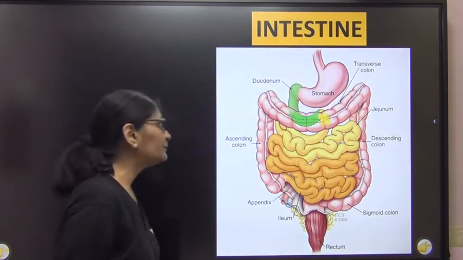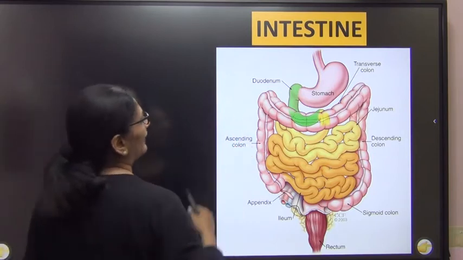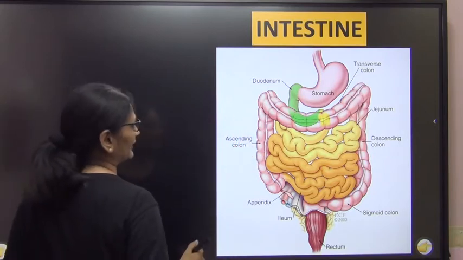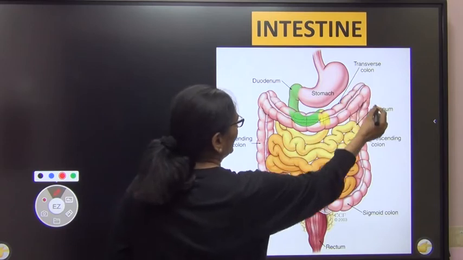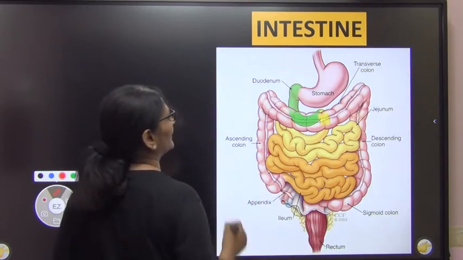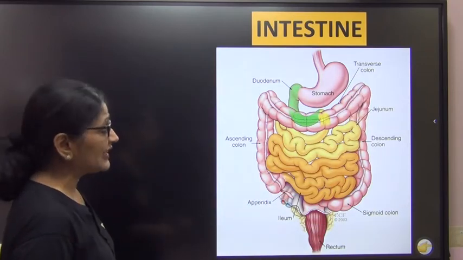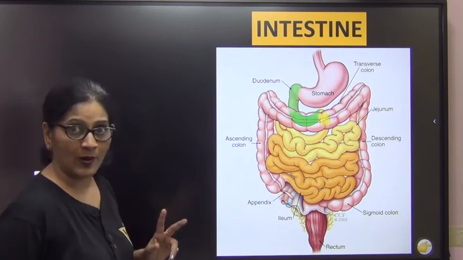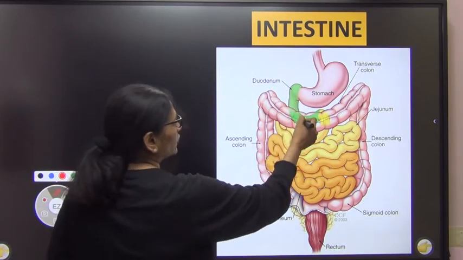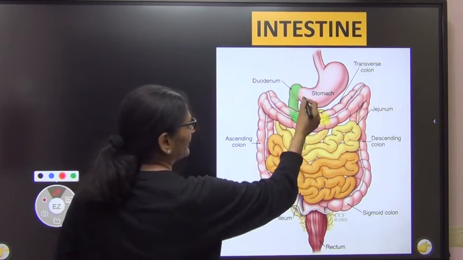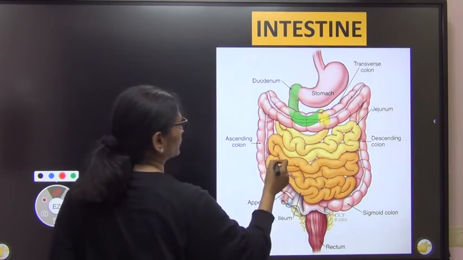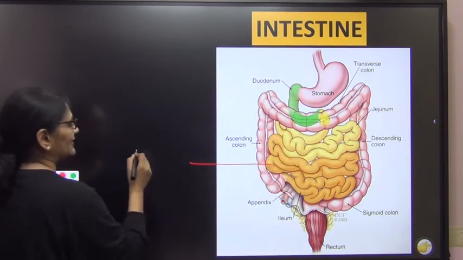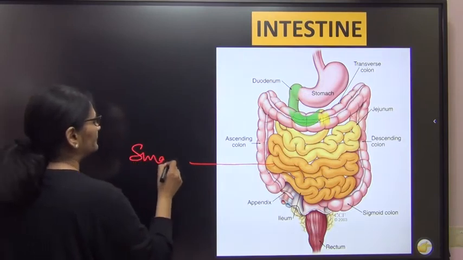Now this stomach will lead into the next part, and this part is called your intestine. If you see here, the stomach will lead into the next part. This entire part is called the intestine. This intestine is divided into two parts. यहाँ से ये जो पतला वाला ट्यूब दिख रहा है, which means the green and the yellow portion, this is the small intestine.